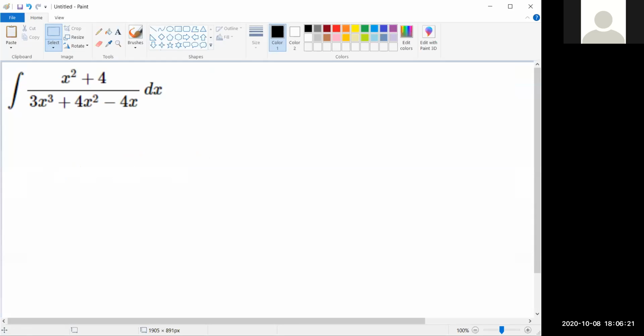Okay, so here it is. Similar process compared to the other one. First thing we want to do is just factor the denominator. So let's do that. I can factor out an x, right?